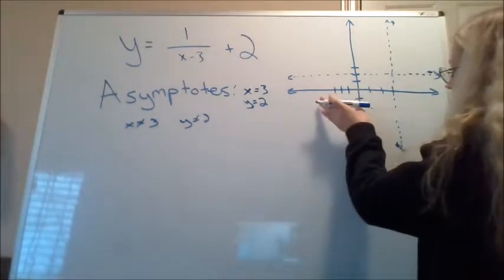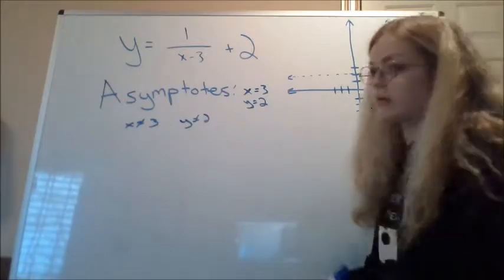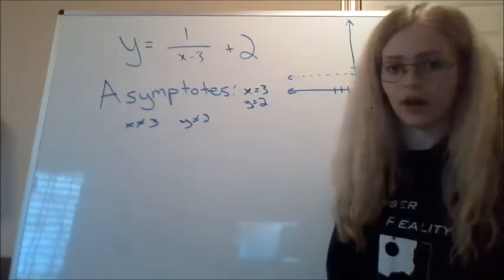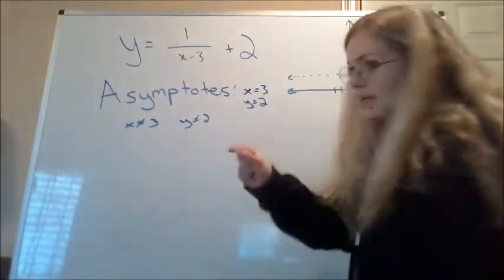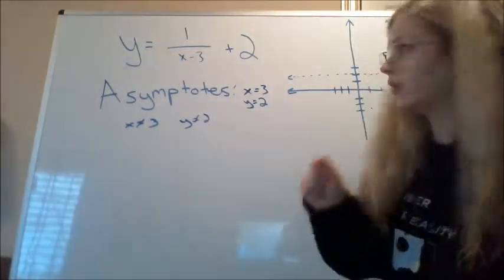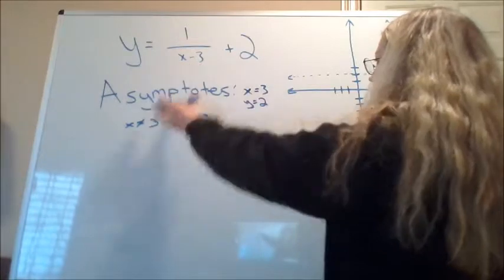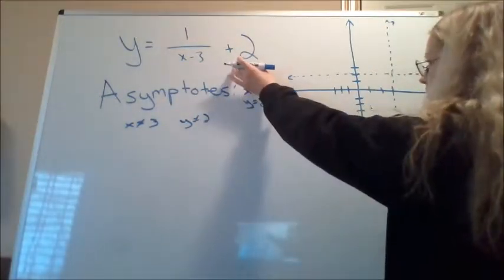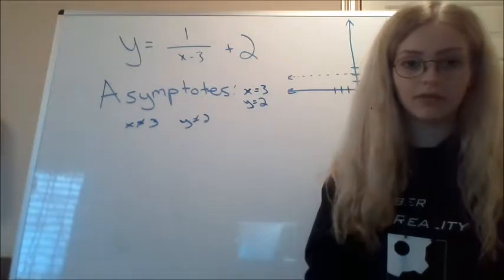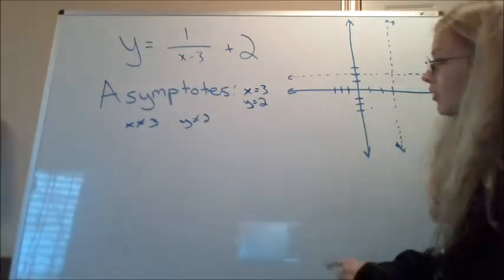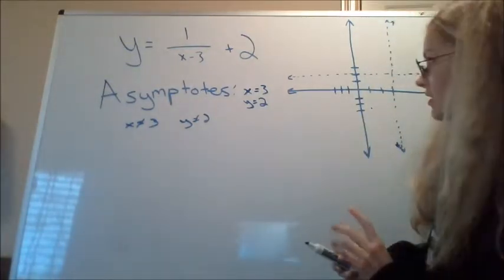On the flip side, if we were to put in very, very large negative values for x, we would get a very tiny negative value for this fraction. And then if we were to add 2 here, we would get a value that was again very, very close to 2, but a little bit less than 2.